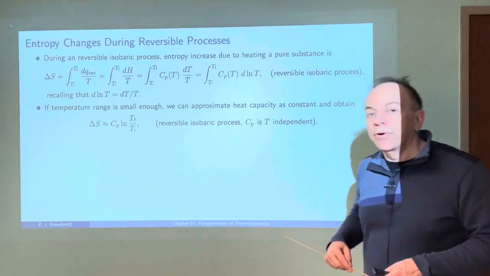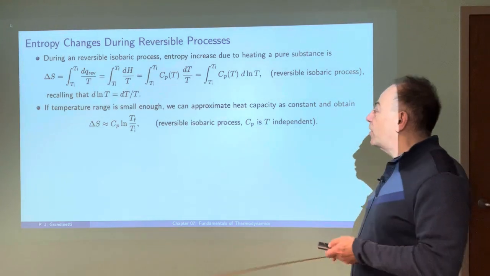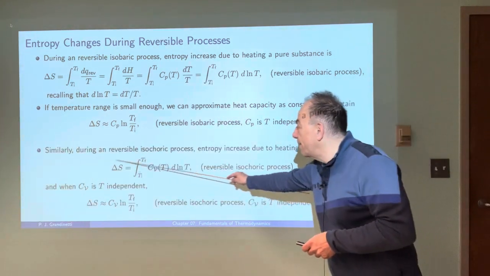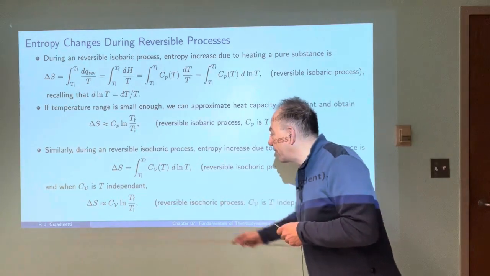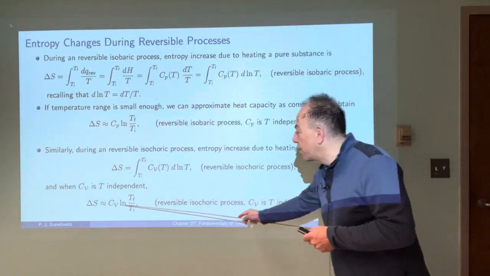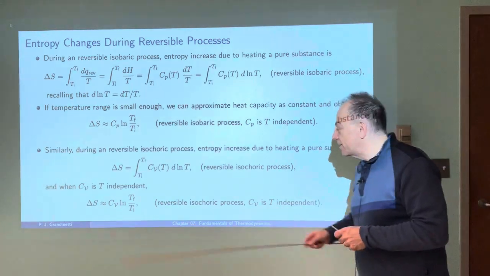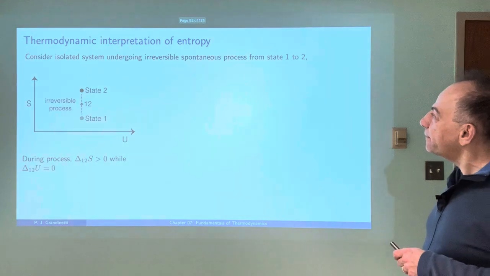Now, similarly, if you were doing heating under isochoric conditions, say constant volume conditions, you could have a very similar derivation here. So you should get an expression that looks just like this, and of course, under a very small range where the heat capacity can be approximated as constant, then you would get this expression here for the isochoric process.